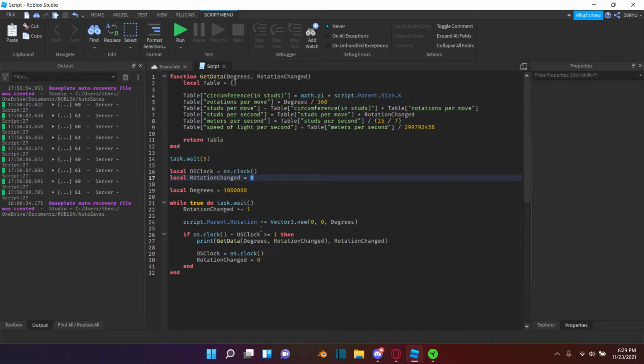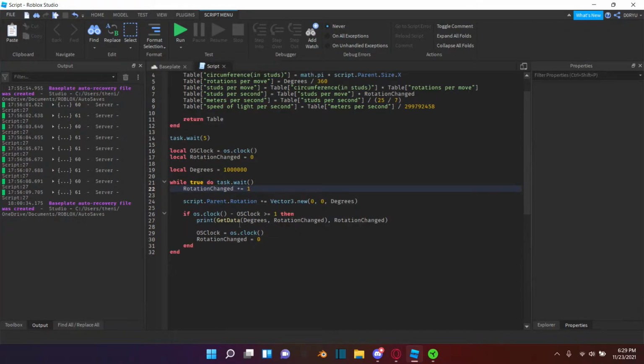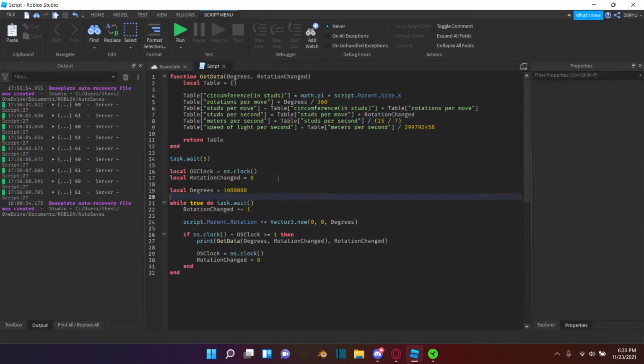And this is just adding to the z for rotation, and we're printing the data, which is a table, and then rotation changed. If a second passes, these two variables reset.